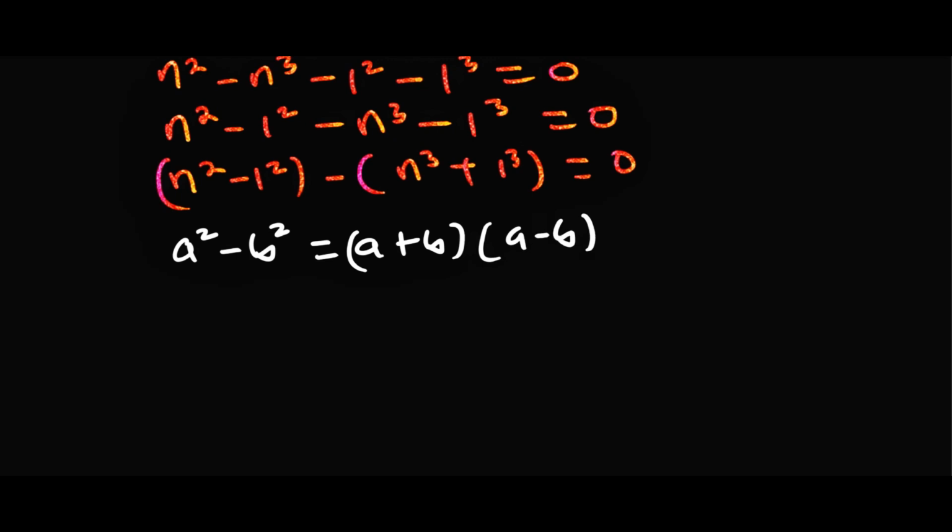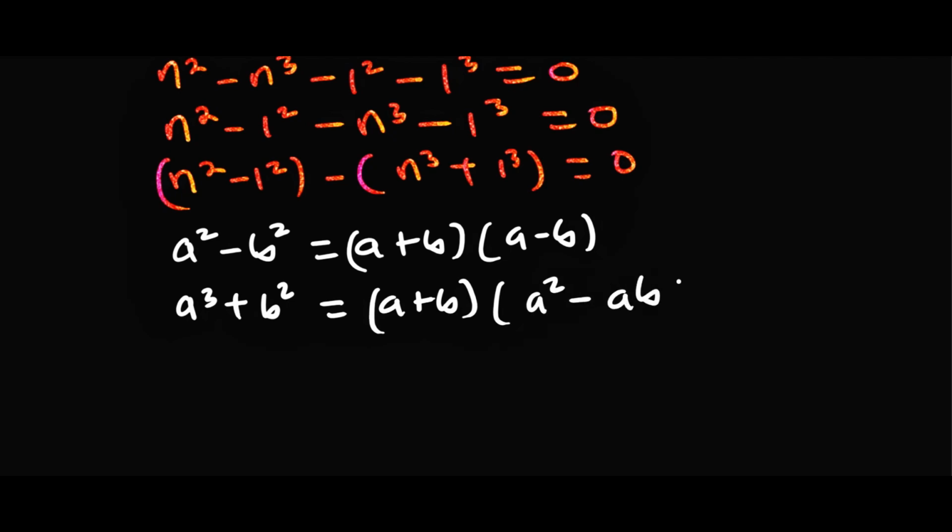And if we look at this sum of cubes, we can use the rule that says that a cubed plus b cubed is the same as a plus b into a squared minus ab plus b squared. So let us apply these two.